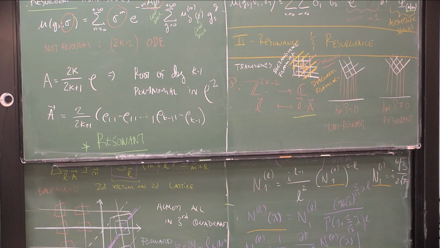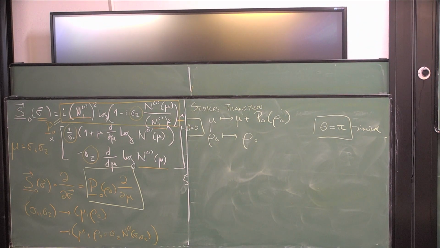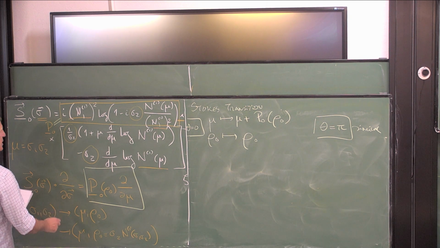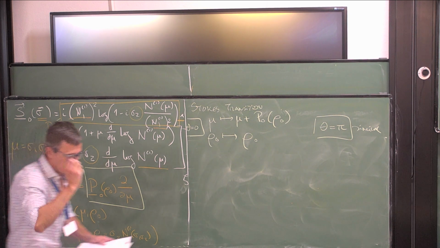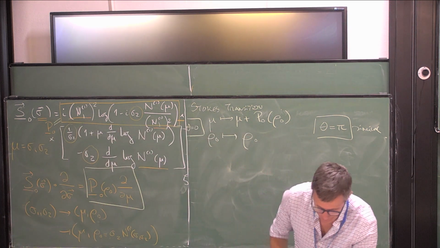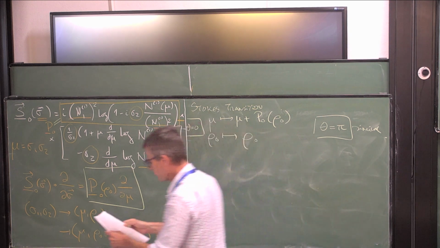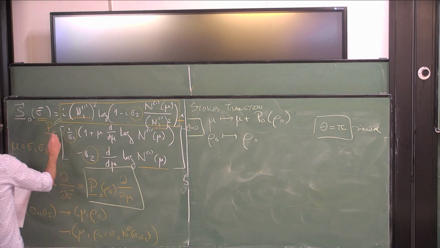Yes. So P0 is what? It's this function here. It's basically a log. Yeah, but how does rho 0 appear there? I mean, when you say it's a function of rho 0? So here was a function, yes, because rho 0 is sigma 2 times n11. So let me give you the correct formula.